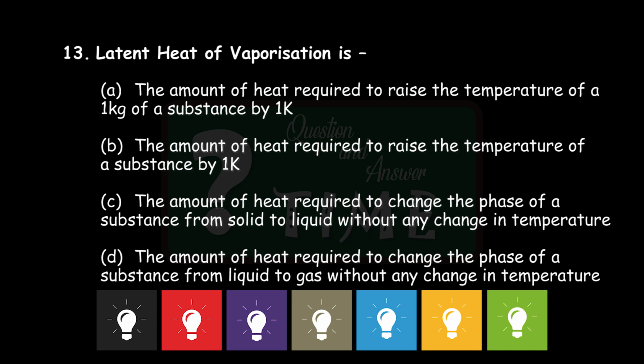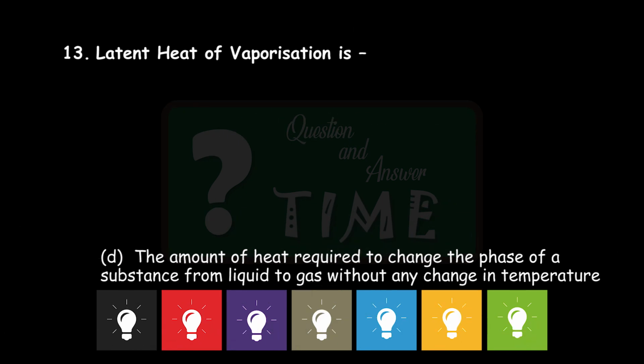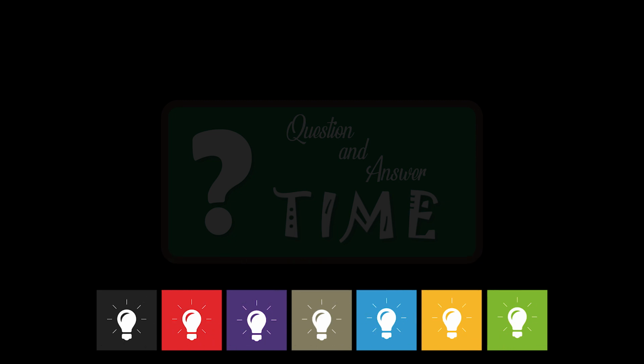And number D, the amount of heat required to change the phase of a substance from liquid to gas without any change in temperature. Yes, the answer is option number D, that is, the amount of heat required to change the phase of a substance from liquid to gas without any change in temperature.